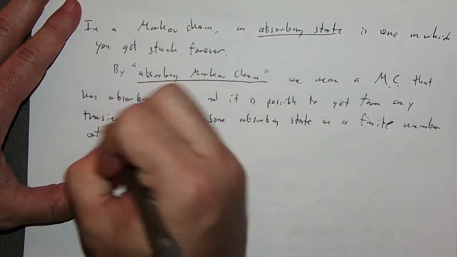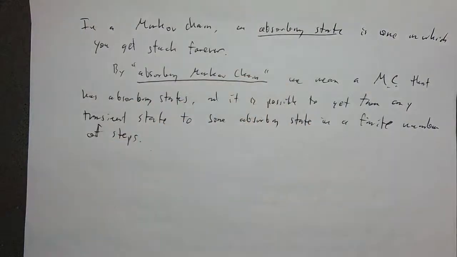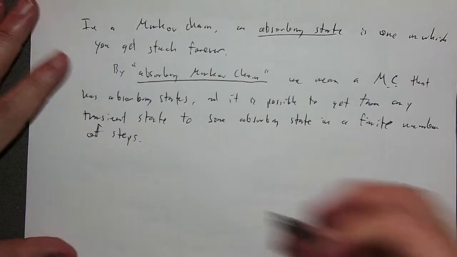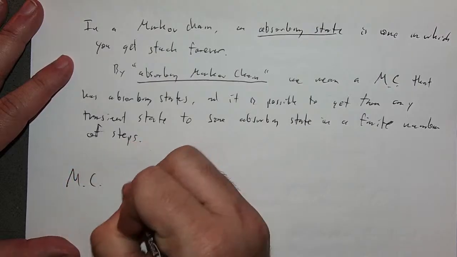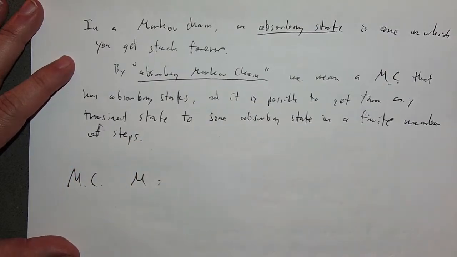Now notice this doesn't mean that you have to be able to get to all absorbing states, right? Maybe some absorbing states are only reachable from certain transient states, blah blah blah. Okay, but this is what we're assuming. Okay. So, suppose that we have a Markov chain, we'll call it M, and it has R transient states.